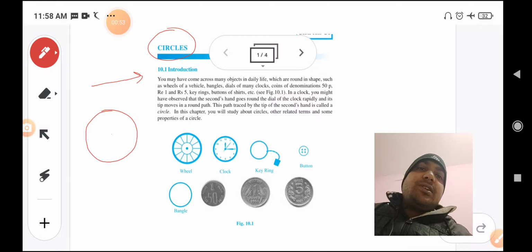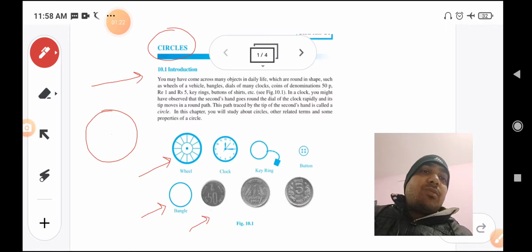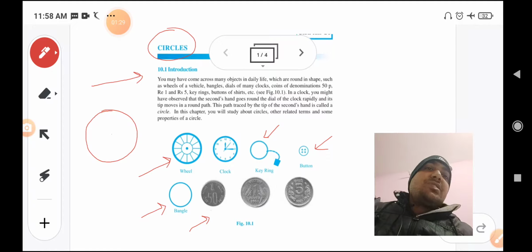Here we have given examples such as wheels of a vehicle, bangles, clock dials, coins of 50 paisa and 1 rupee denominations, a key ring, buttons, coins of 5 rupee denominations, and so on.